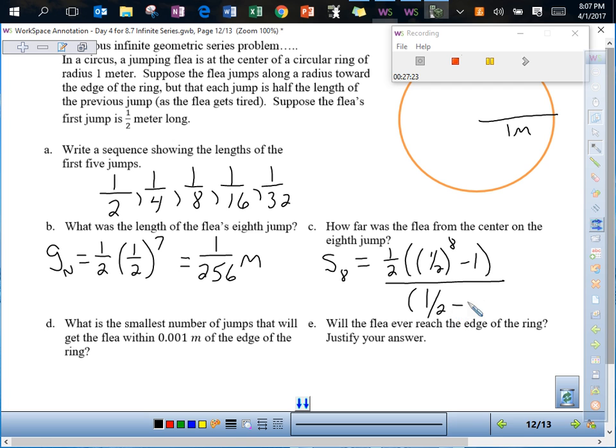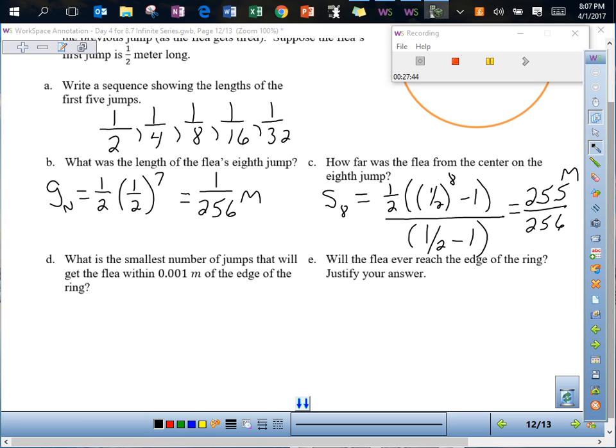So 1/2 minus 1. Okay. Run that through your calculator, and you should get 255 out of 256 of a meter. So he's pretty darn close.